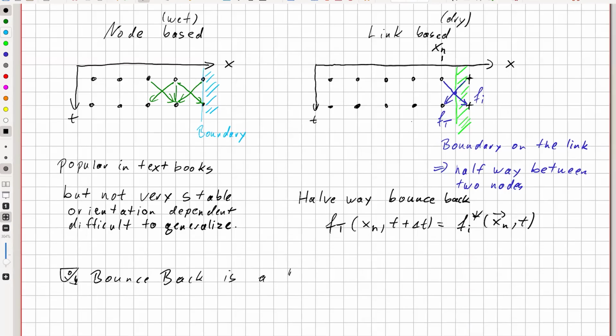This implies a boundary condition of zero slip, so bounce back is a no slip boundary condition, so it's a velocity zero boundary condition, and it is a boundary condition that conserves mass, right? Because whatever goes out goes straight in again.